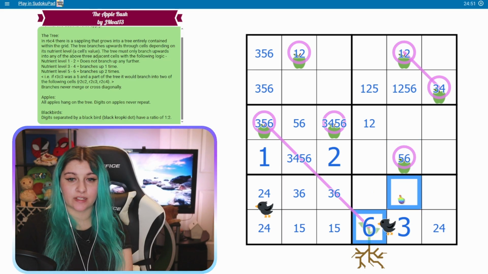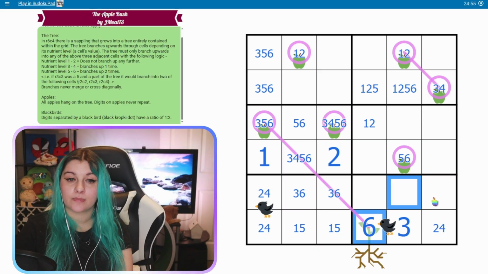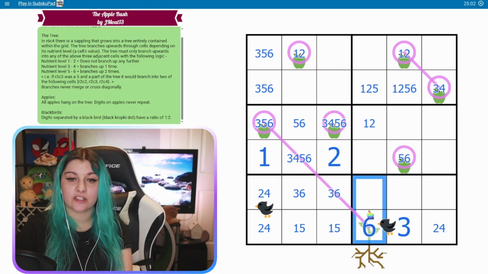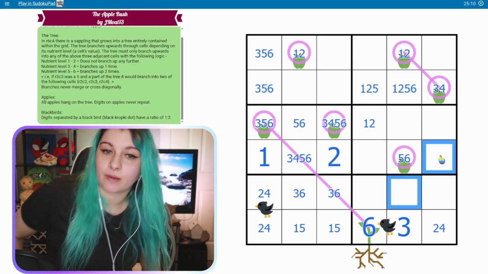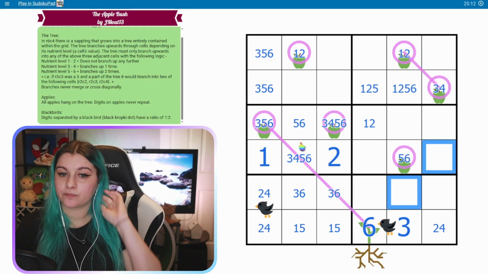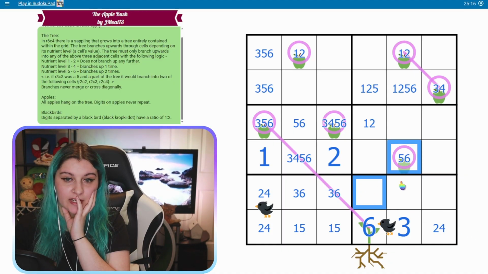So whichever one it is, I don't want it to be a 1 or a 2. It's going to land on a 5 or a 4. What if the digit it lands on is a 5 and it goes up twice? Oh, that might be good to think about. But what if this is a 5 and it just goes up into a dead end 2 here? I do still have a dead end option.